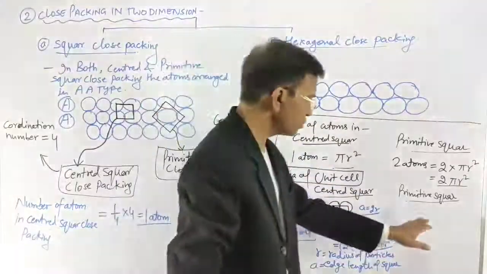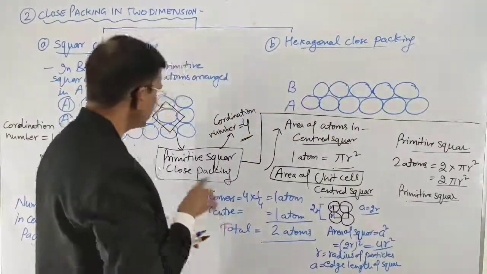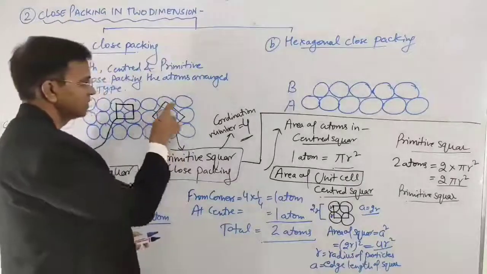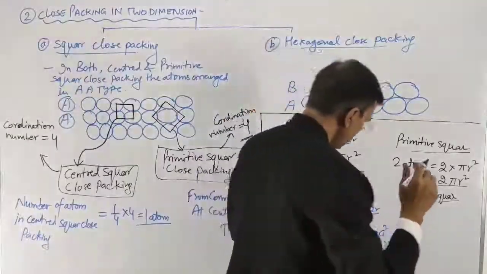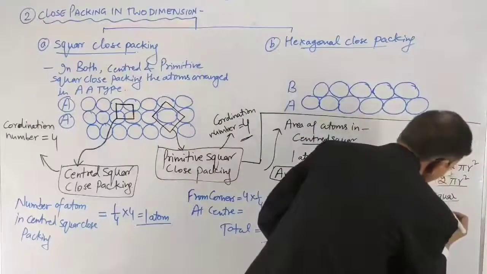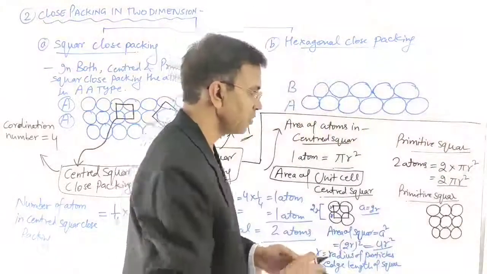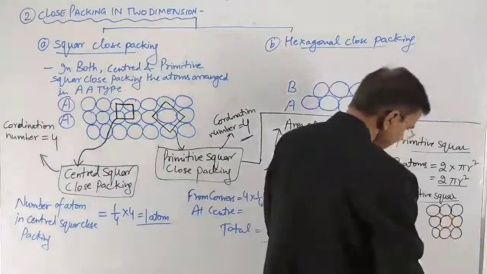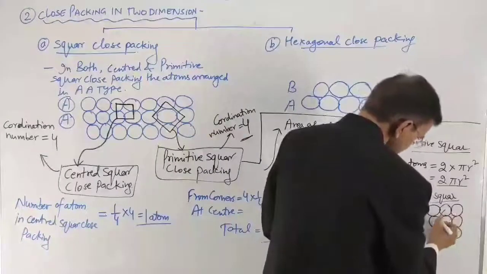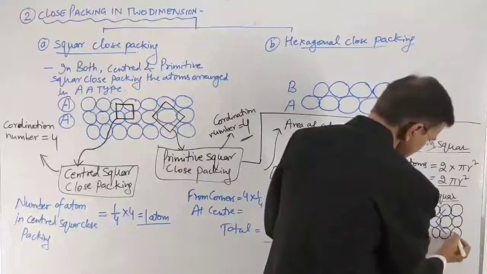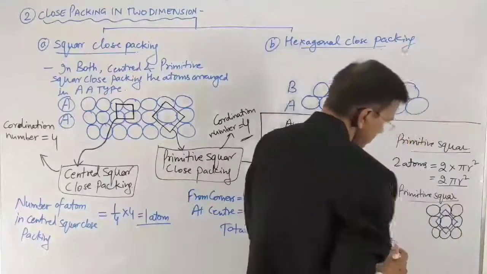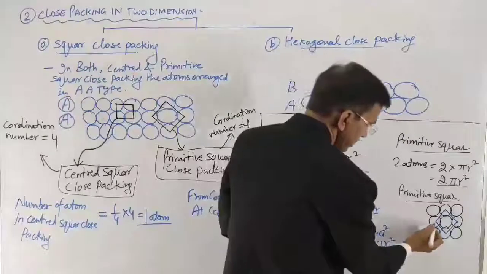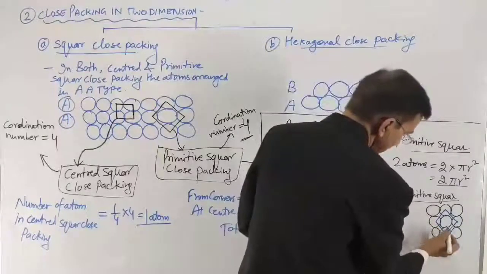Right? Now come to the primitive square. So primitive square is this. If you see, this is interesting. I am going to make it here. So this is the structure. In this, this is the edge, right? Edge length.